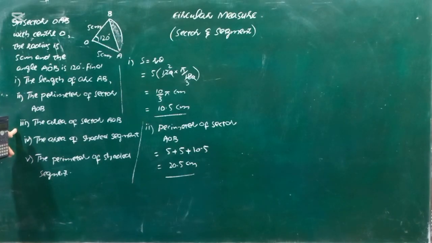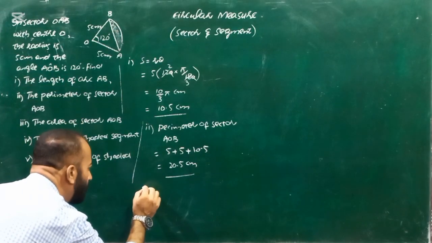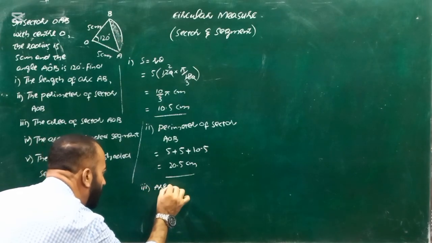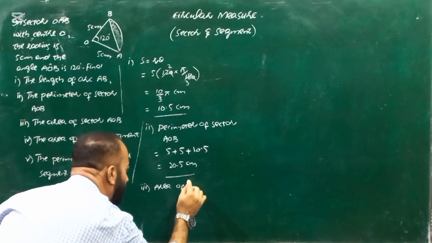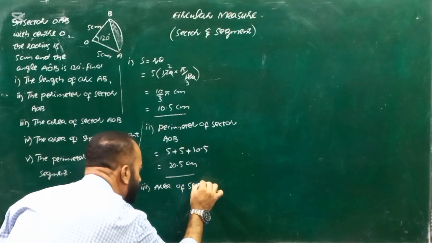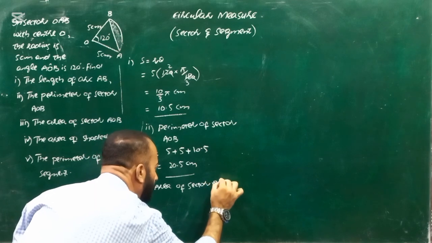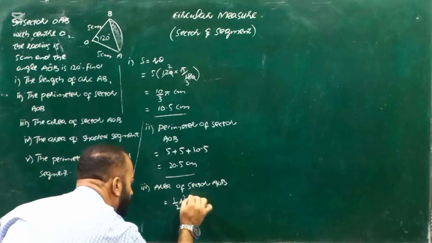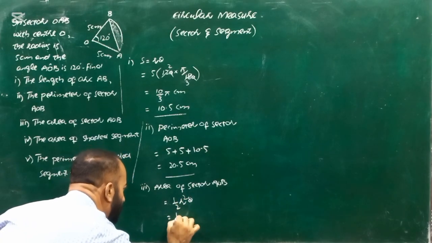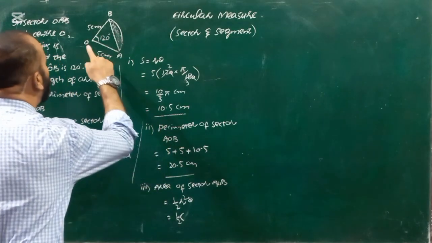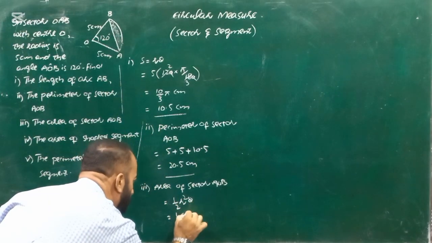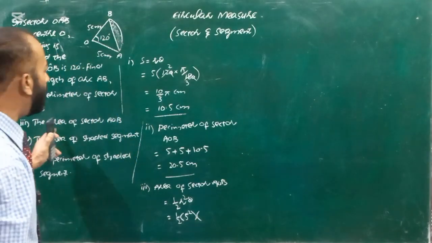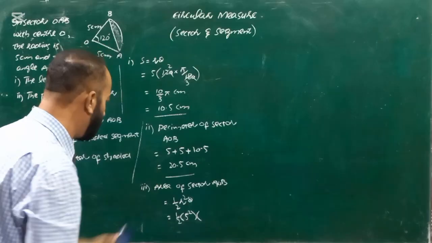The third part is the area of this sector. The area of sector AOB, the formula will be 1 by 2 r square theta. So 1 by 2, r is 5, so 5 square, and theta will be equal to 2 pi by 3.